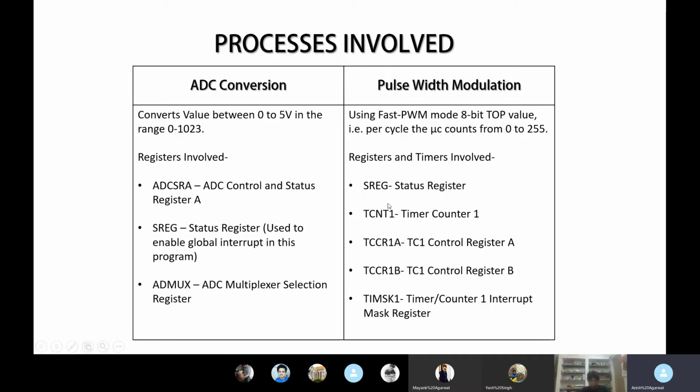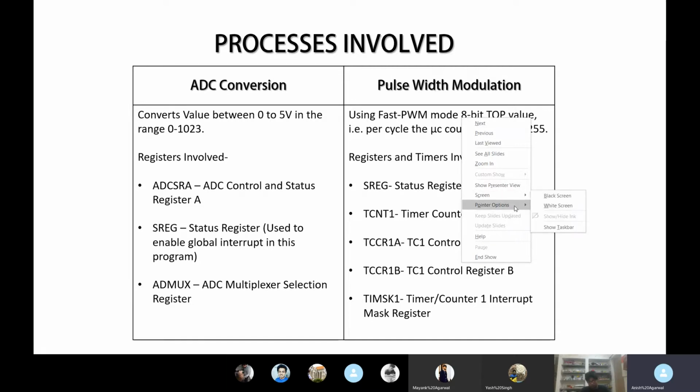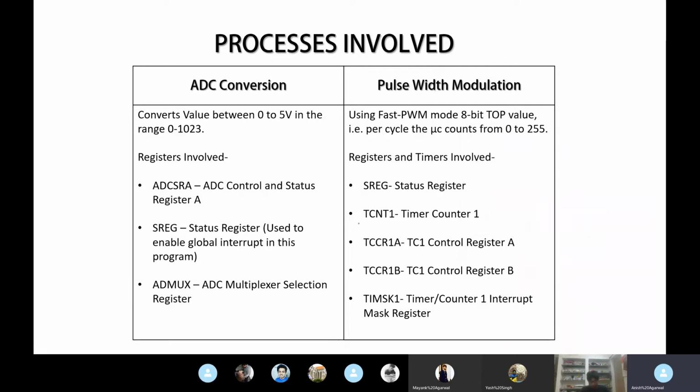All right. Since we have done the coding at the microcontroller level, instead of using the inbuilt function, we have used the registers. These are the registers of the Atmega 328P microcontroller, which is the controller for Arduino.